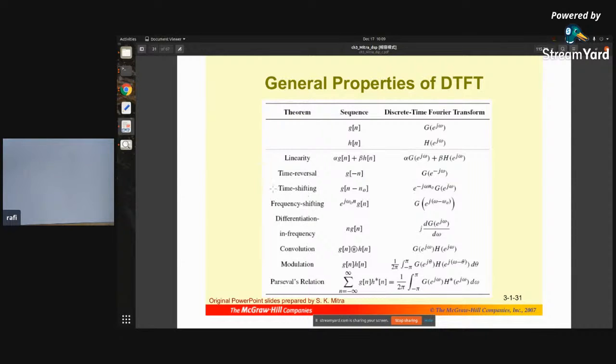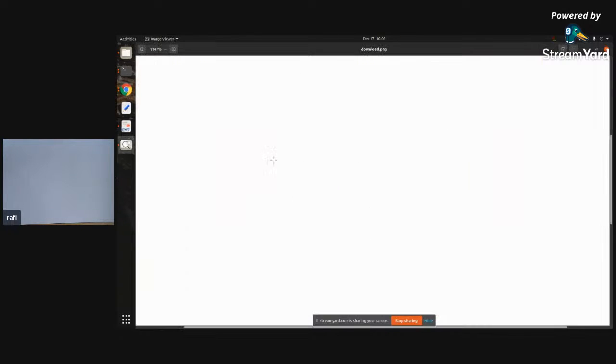So next, the third one is the time shifting property. This is also very simple. Now, what is the DTFT of g of n minus n naught? Summation n varying from minus infinity to infinity, e power minus j omega n. Now in the place of n minus n naught, you put p.